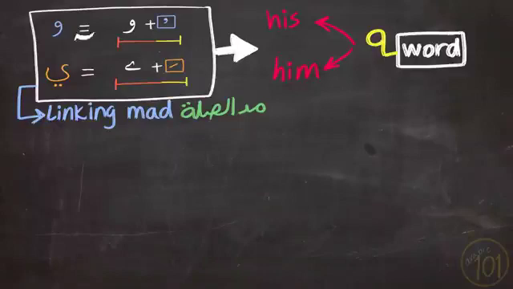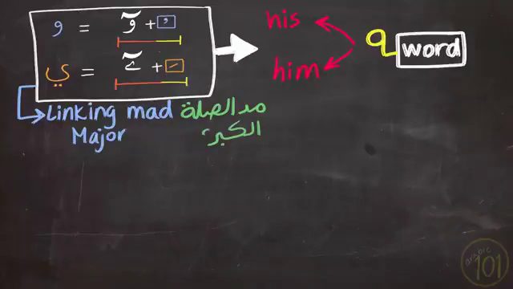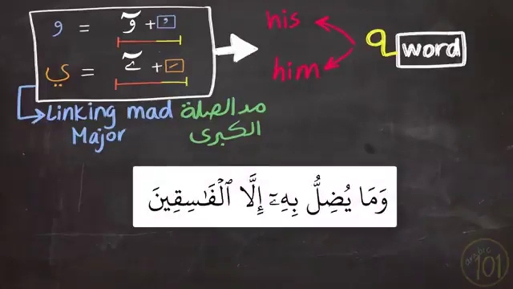And in some cases, you will see the med sign appearing on top of the إشباع sign to indicate that you may extend up to 4 harakat. And in that case, it is then called major linking med or med as-sila al-kubra. وما يضل به إلا الفاسقين.